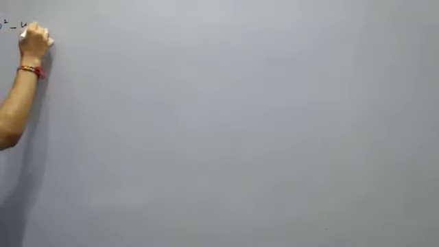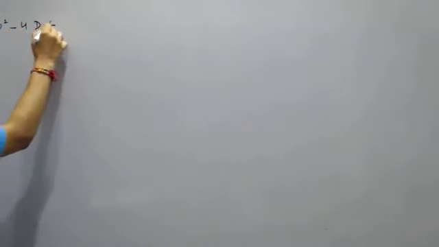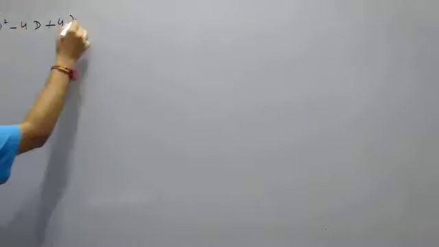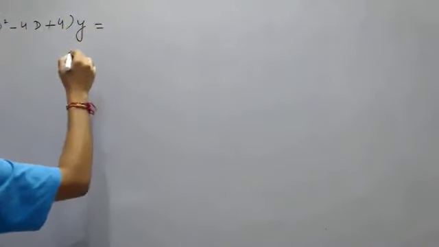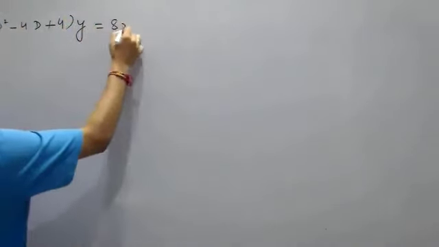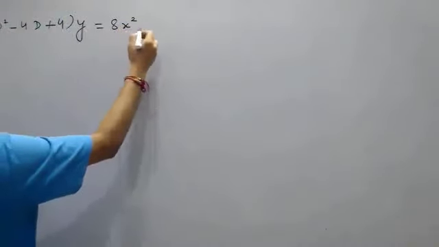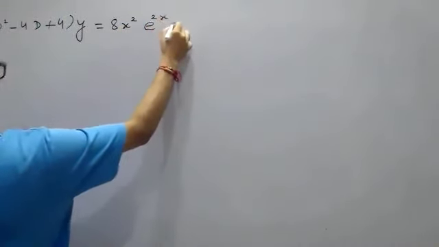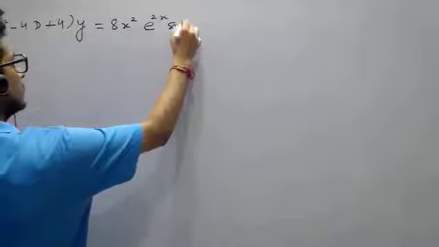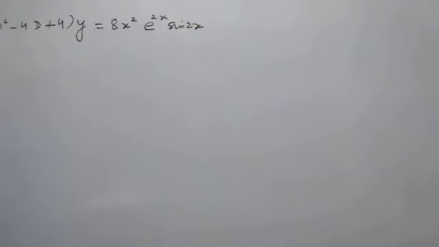Now another question is D square minus 4D plus 4y is equal to 8x square e to the power 2x sine of 2x.